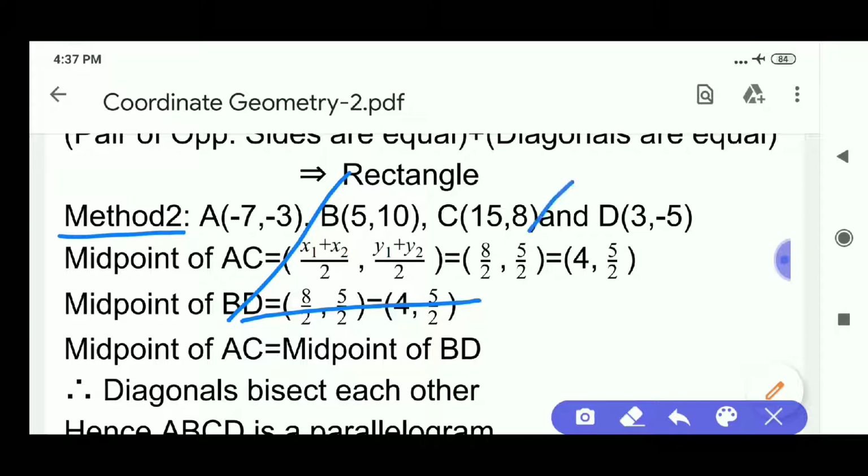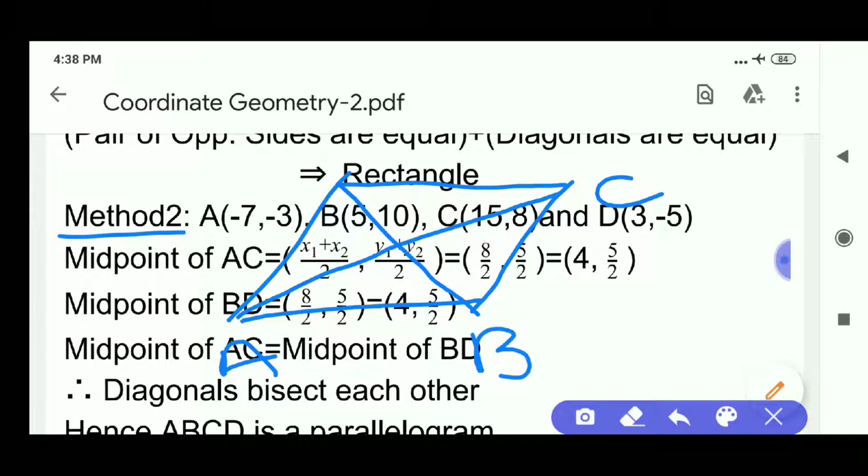In a parallelogram, diagonals bisect each other. That means, suppose it is a parallelogram ABCD and diagonals bisect at point P. That means PA equals PC. Similarly, PB equals PD.